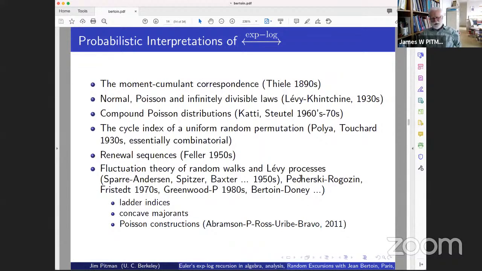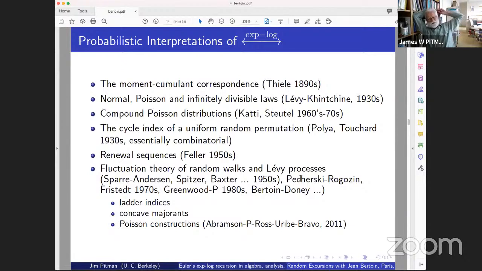Okay, so let me give an overview of the main probabilistic interpretations of this exp-log correspondence that I'm aware of. The first one that's explicitly in the literature is what most people would call the moment-cumulant correspondence. This is due to Thiele explicitly in the 1890s.